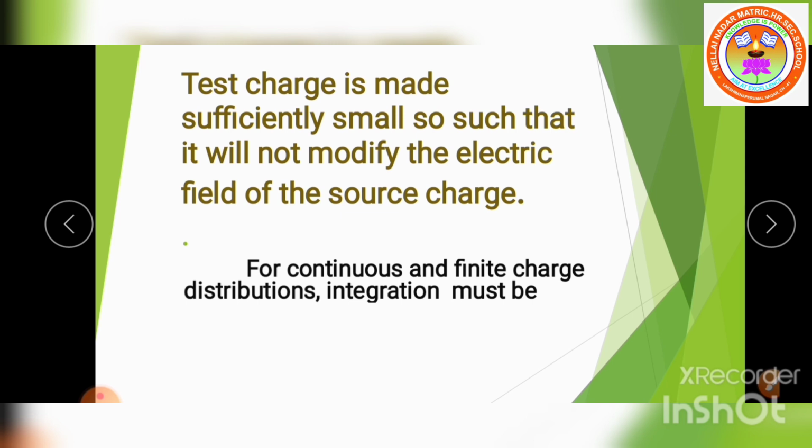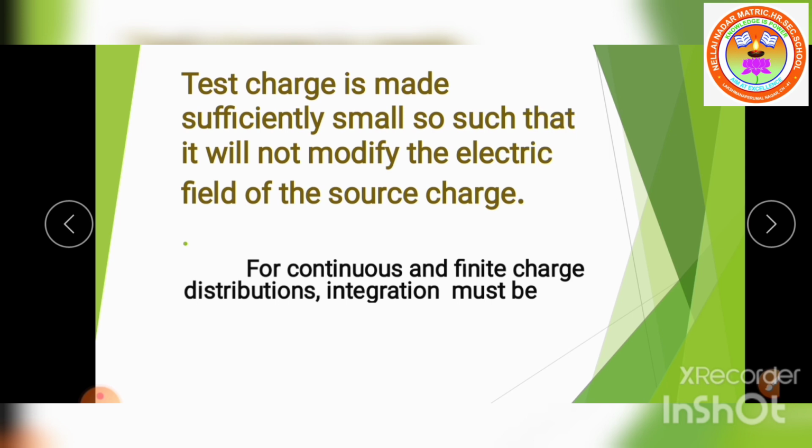Sixth point, you studied the formula E is equal to Q by 4 pi epsilon naught R square, which is valid only for the point charge. For continuous and finite size charge distribution, the integral technique will be used.